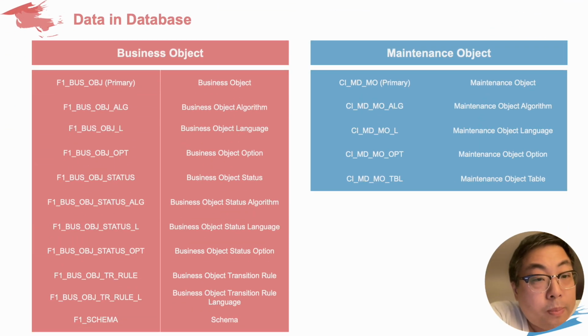Now, next one, I am listing all the tables here. I think in the last video, I talked about two concepts. For me, they are always very important to go together. One is data and one is process.